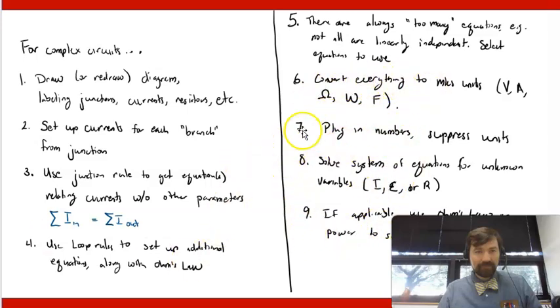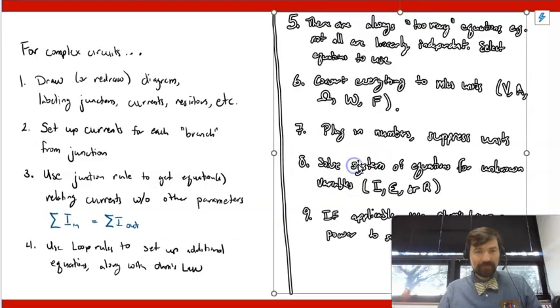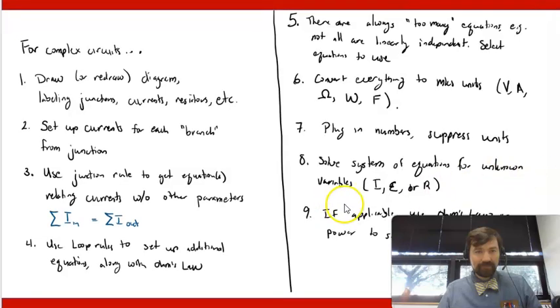Then once you've plugged in the numbers and suppressed the units, you basically just want to solve your system of equations for the unknown variables, be it the current, be it an EMF, be it a resistance, or whatever. And if applicable, you can use Ohm's law, the equation for power, whatever, to solve for further factors.